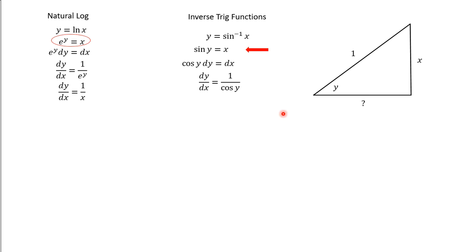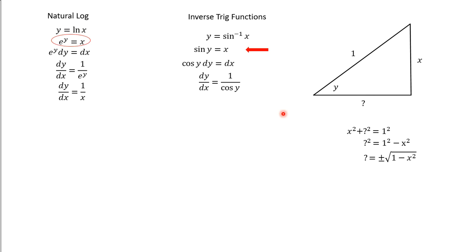Well, that side we don't know, but we can find out, because for a right triangle we can use Pythagorean Theorem. x squared plus question mark squared equals 1 squared, which we can subtract the x squared. So the question mark squared equals 1 minus x squared. Then we can take the square root of both sides.